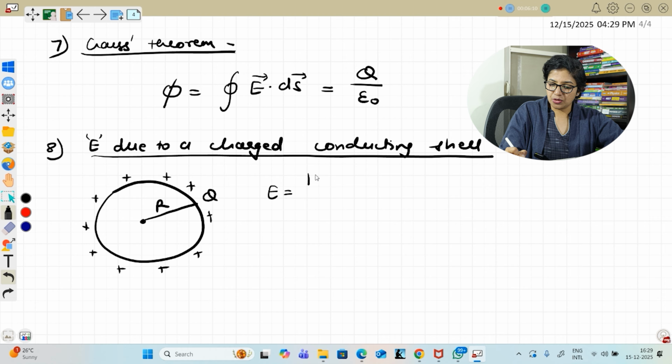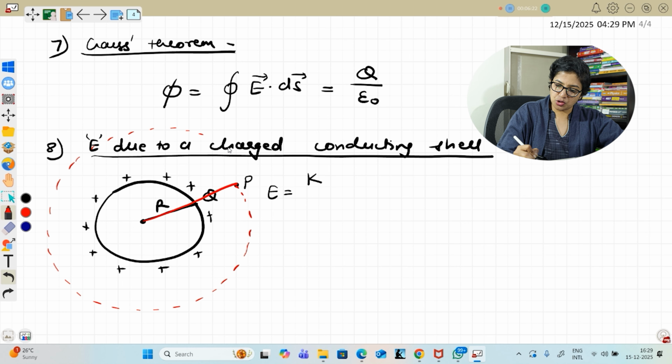E outside: suppose you want to find it at this particular point P. The Gaussian surface should enclose this charge. The red dotted line which I am showing you here is the Gaussian surface. The distance between the point and the center of the sphere is r. So it is kq by r square.